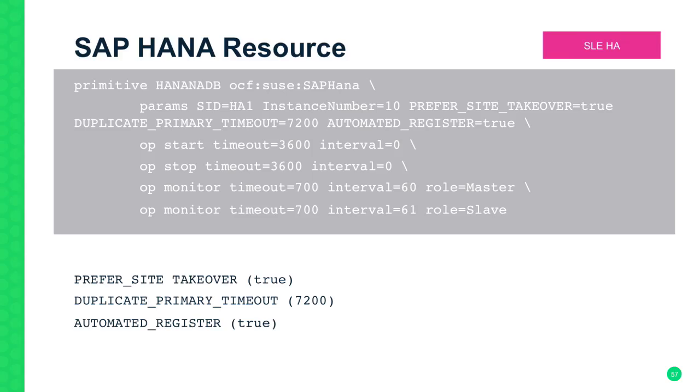The third one there, automated register. When your node dies, or if your database dies, again, something which Alessandro talked about earlier, you have the choice, okay? When the machine restarts, or when the database needs to restart, we can register that automatically as a secondary. It's about 50-50.